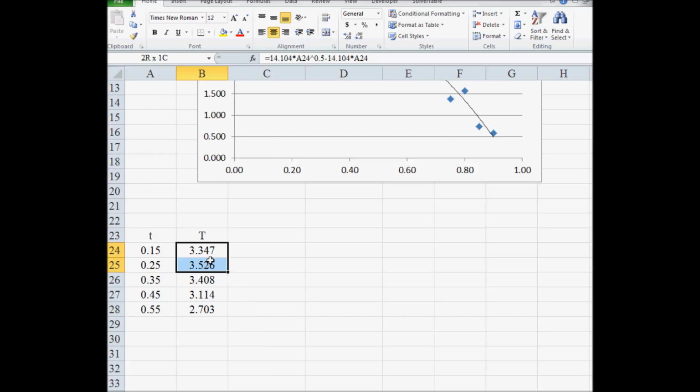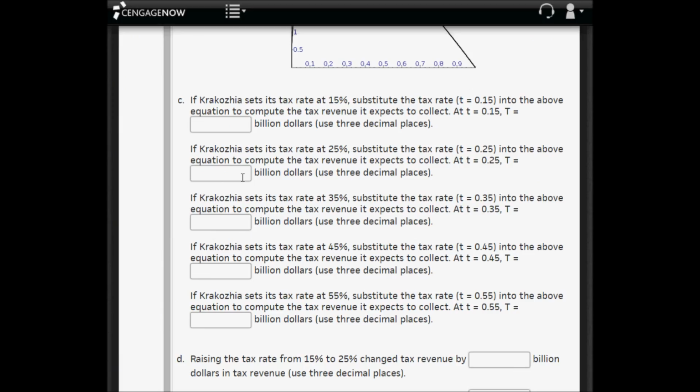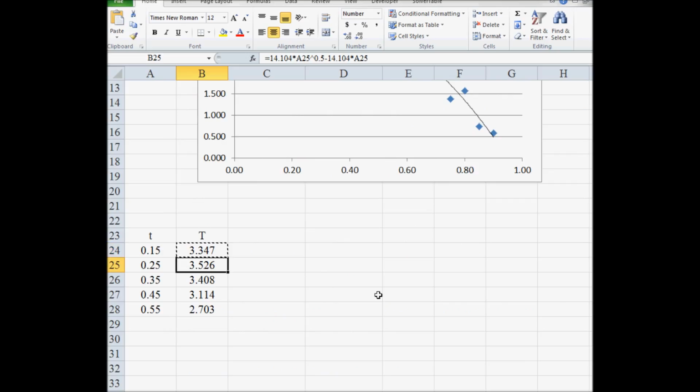So tax revenue rises, then it falls, it continues to fall, and it continues to fall. So this is the answer to the first answer blank in part C of Cengage Now. Billions of dollars to 3 decimal places. And then 3.526 at 25%.